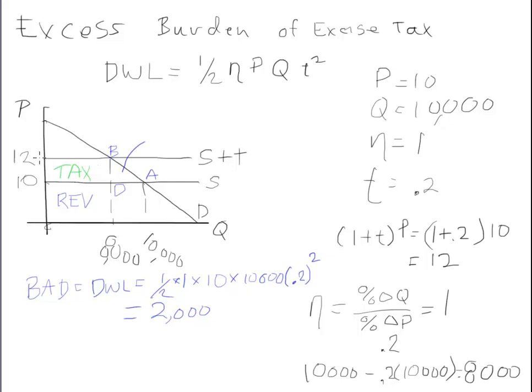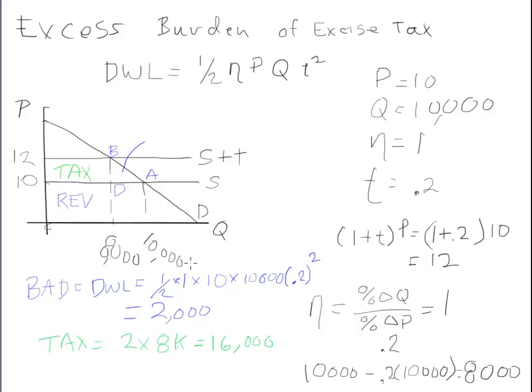This rectangle, vertical distance, base times height, base is 8,000 times 2, is what, 16,000? So let's do it in green. Tax is equal to 2 times 8. I'm going to put 8K so I don't have to put as many zeros, K standing for 1,000, is equal to 16,000, if I got it right.